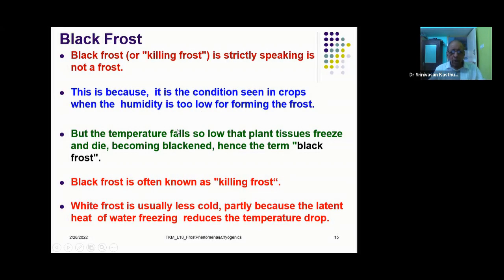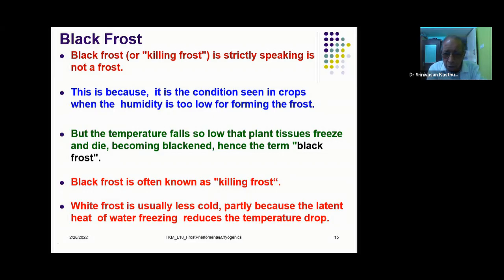Now we come to another important frost called black frost. Black frost is also called killing frost. Strictly speaking, it is not a frost, because it is a condition seen in crops where the humidity is too low for forming frost, but the temperature falls below freezing.